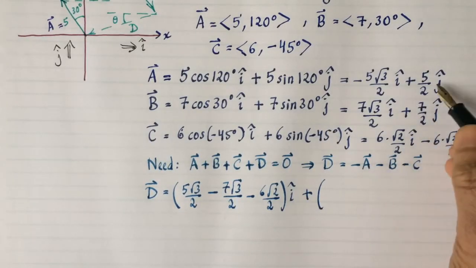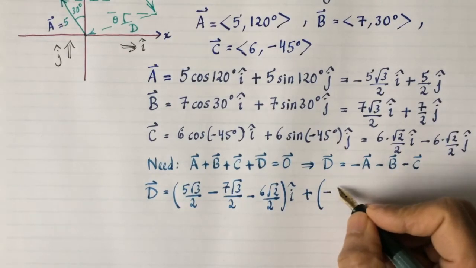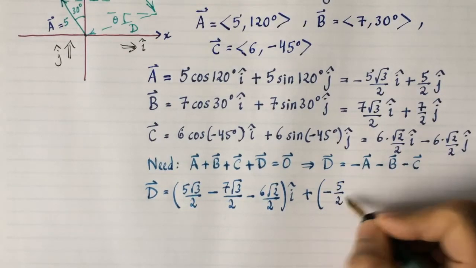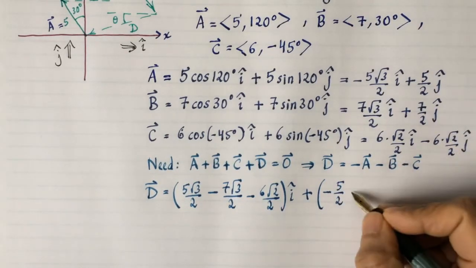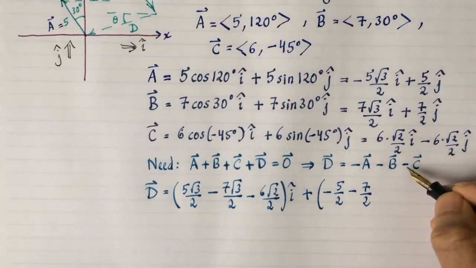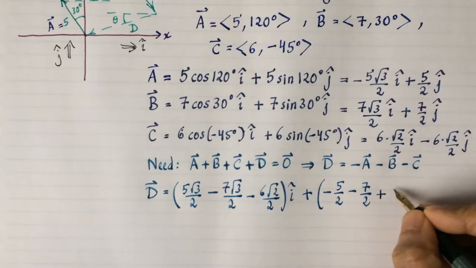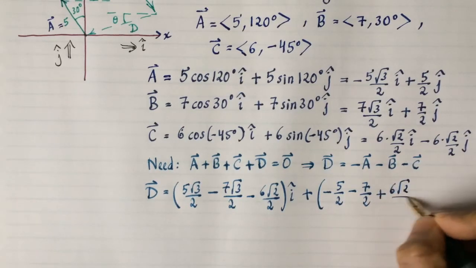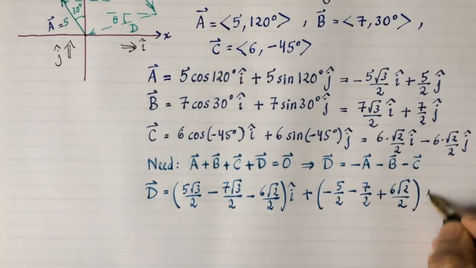negative Ay, which is that, negative 5 over 2, negative 7 over 2, and then I have a negative here and a negative there, so that's going to be positive 6 root 2 over 2, the whole thing, j hat.